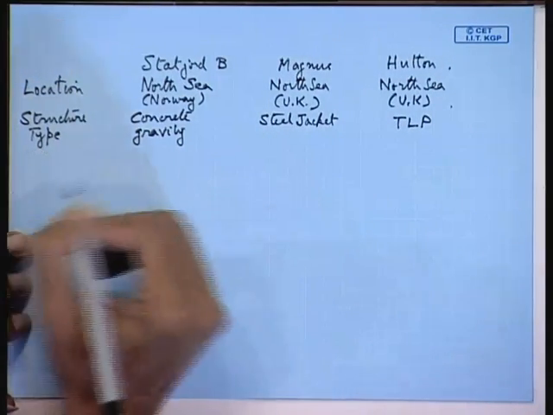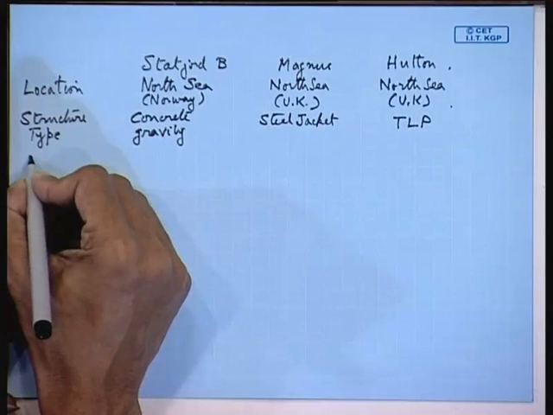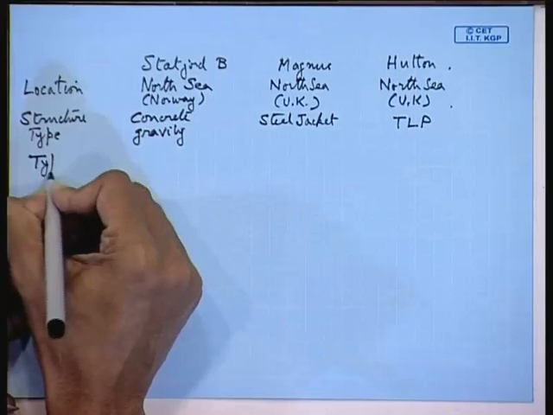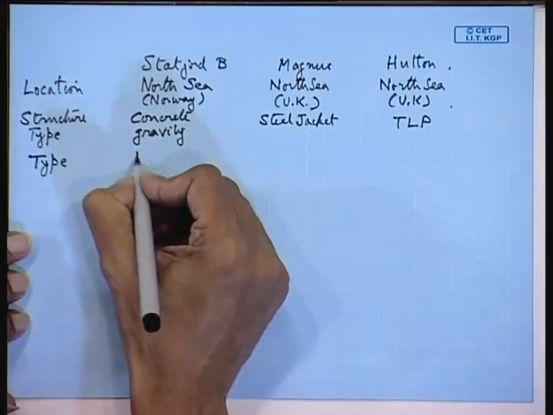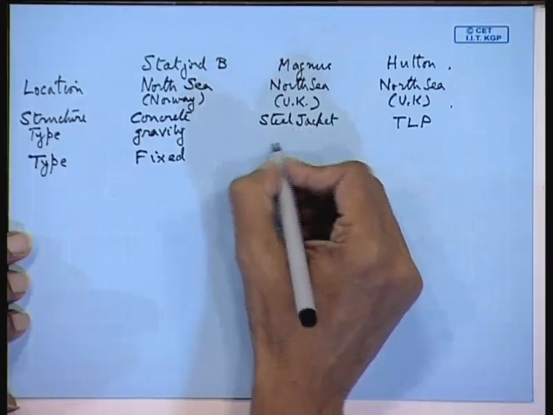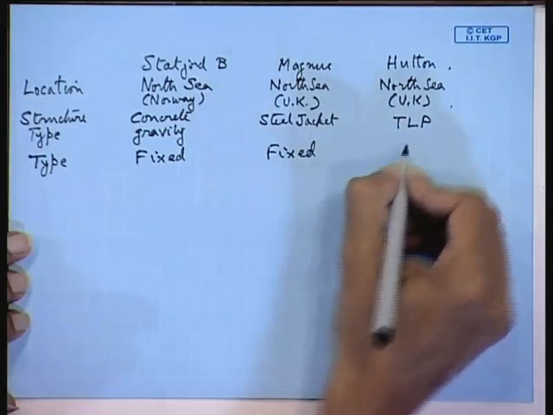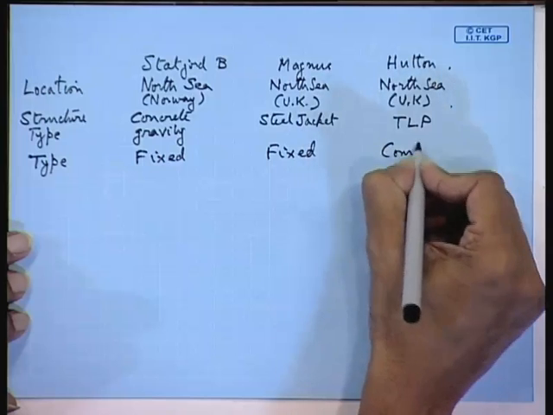Now, these are types, or rather you can write, this is fixed. This one, the steel jacket, is also fixed, and TLP is compliant.